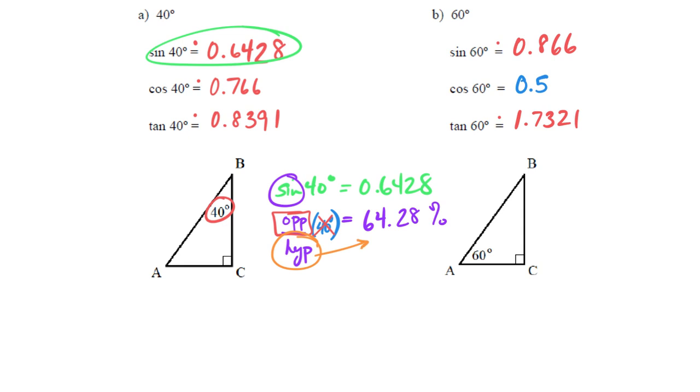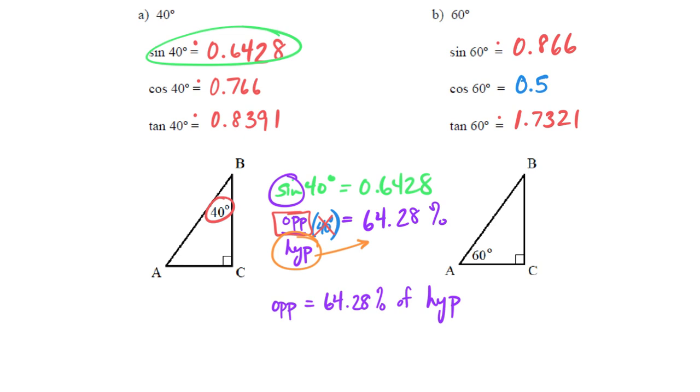My purple equation can look like this. My opposite side is 64.28% of my hypotenuse.